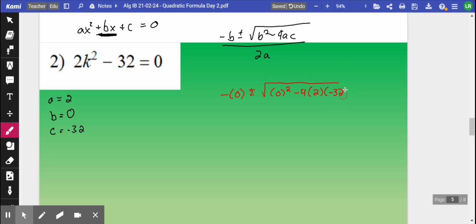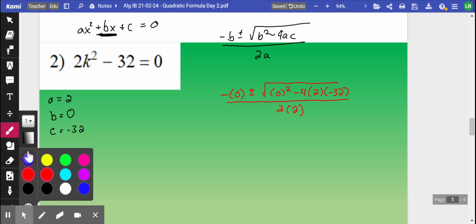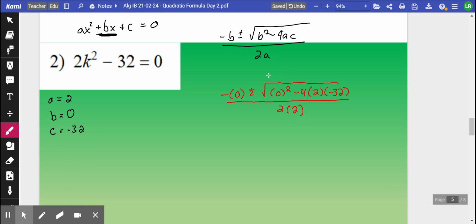I'm just plugging in the numbers that go with those, and it's all divided by 2a, which is 2 times 2. Let's make sure our square root part is done. 0 squared is 0. -4 times 2 times -32 is positive 256. I add those together and I still get positive 256. So I'm going to get an answer.